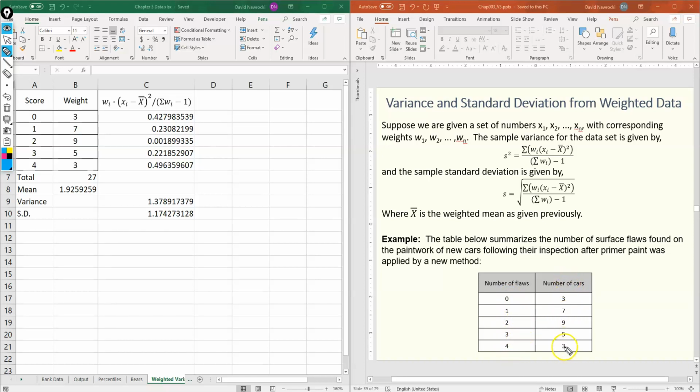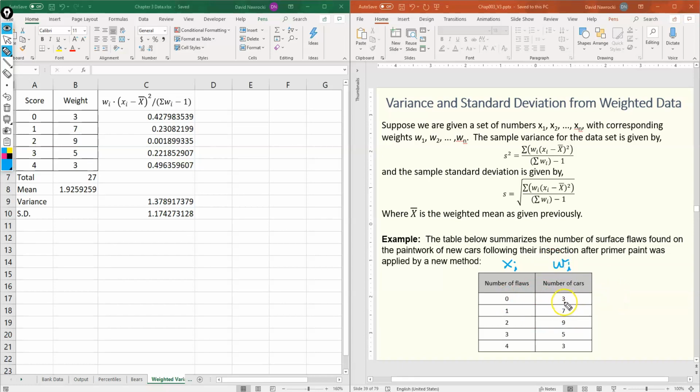And over here in this column we have the number of cars that exhibited these particular number of flaws. So for this set, we think of the number of flaws as being our scores xi, and we think of the number of cars exhibiting these flaws as being our weights wi.